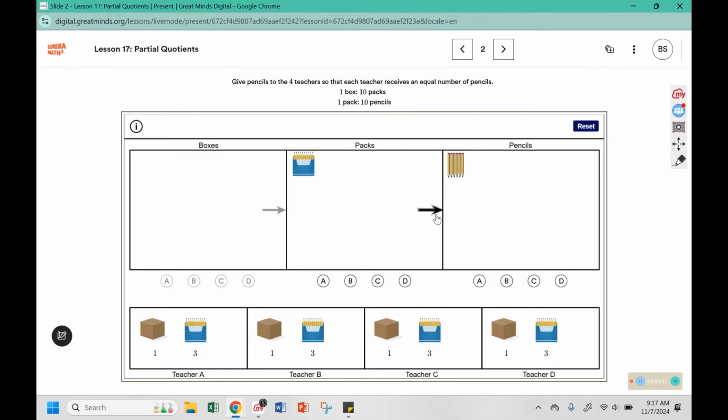But this one needs to be split up into just pencils. So we're going to send it over here. I'm going to give 1 to each teacher. Then it looks like I can give another 1 to each teacher. And one more. So each teacher has 134.